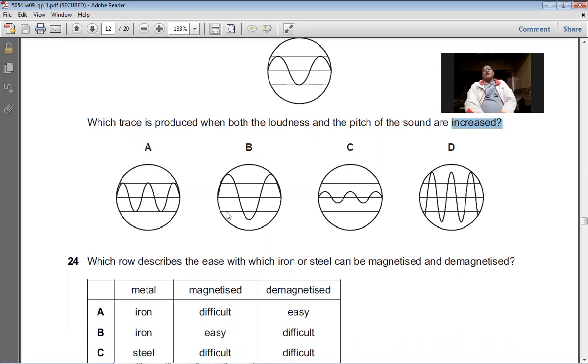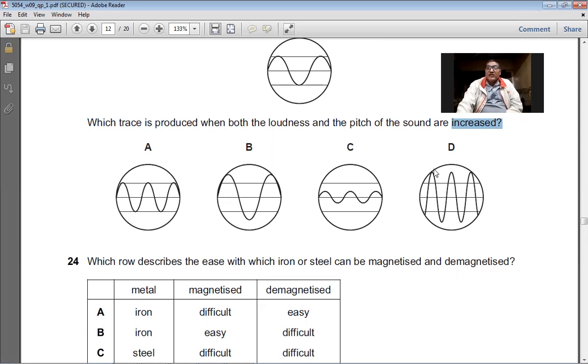If you increase the loudness, the amplitude will become larger. Instead of just going 1 step upward, now it will go more than 1 step. And on the same screen, there will be more number of waves. I think this looks the best option.